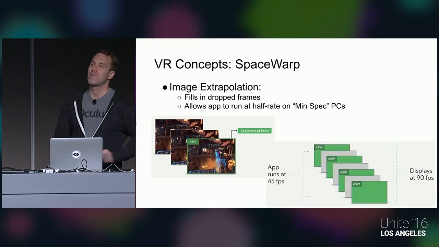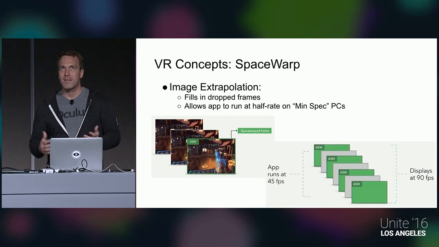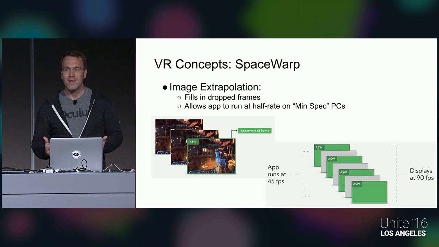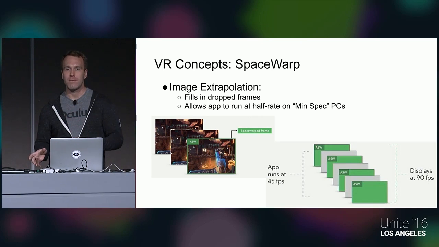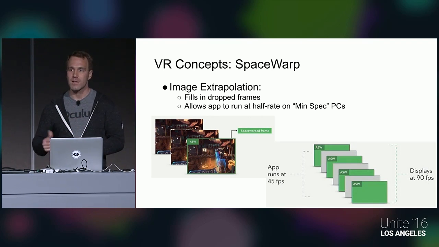I should also mention one more thing about ASW, that it's not necessarily an ultra quality settings enabler. It's not necessarily desirable to get a high-end PC and then render at 45 hertz and just shoot for peak quality. That may work in some cases, but you also should think about running on rec spec or min spec machines, which are a new lower tier, roughly around an AMD 480, I think, is meeting rec spec.